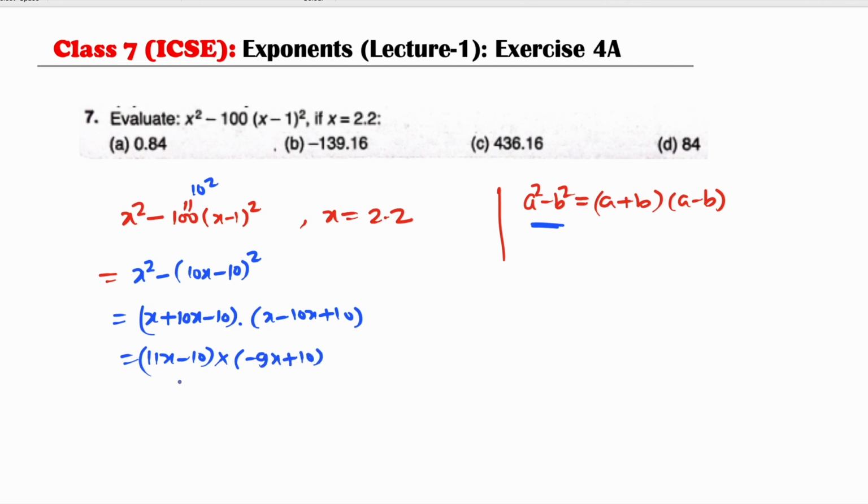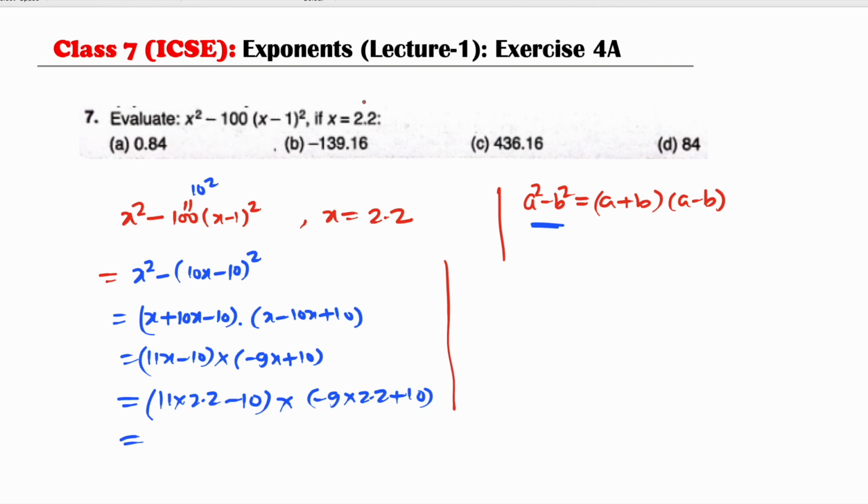Now put the value of x over here. So this is 11 into 2.2 minus 10 into minus 9 into 2.2 plus 10. So we can evaluate and find the answer. I think the better method will be another one.